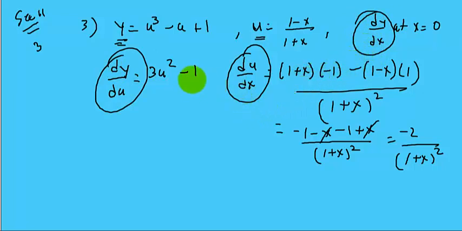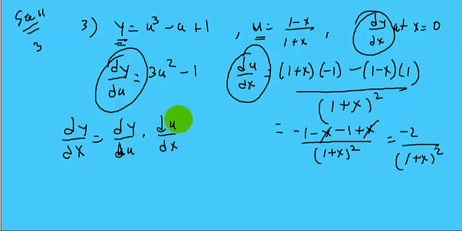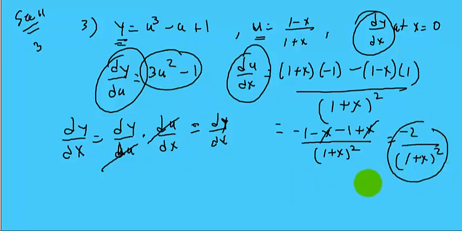To find dy dx, all I have to do is take dy du and multiply by du dx, because du is going to cancel and you're going to get dy dx. Correct? So let's take this and multiply by that. So dy dx turns out to be 3u squared minus 1 times negative 2 over 1 plus x, quantity squared.